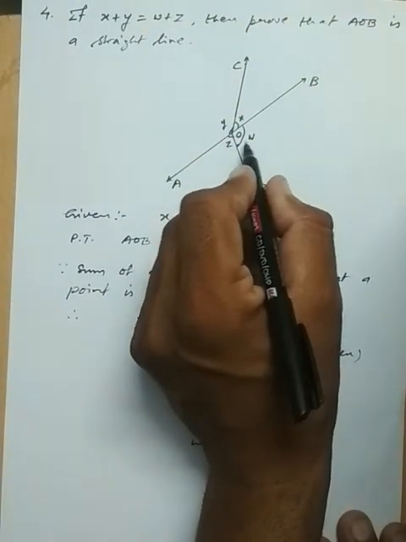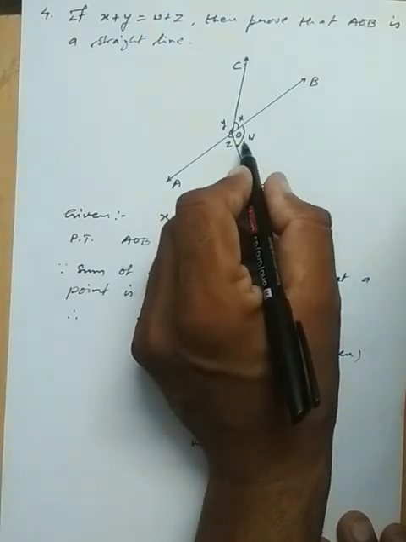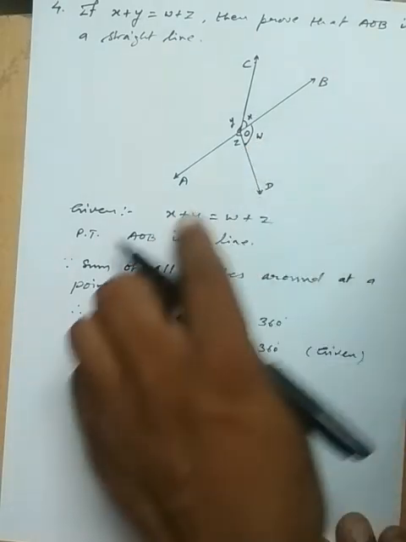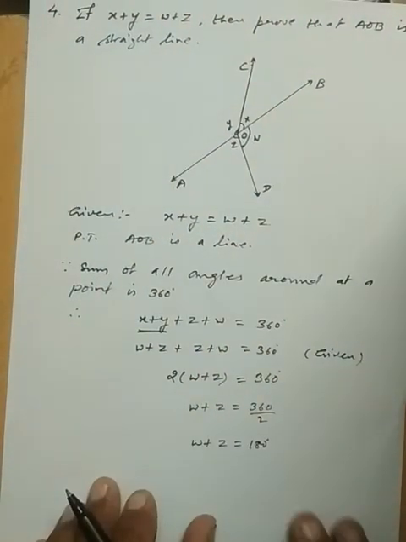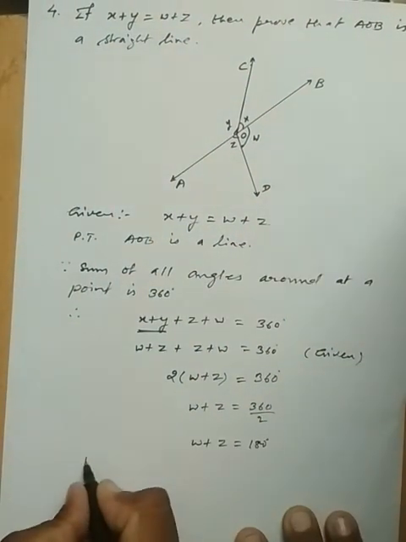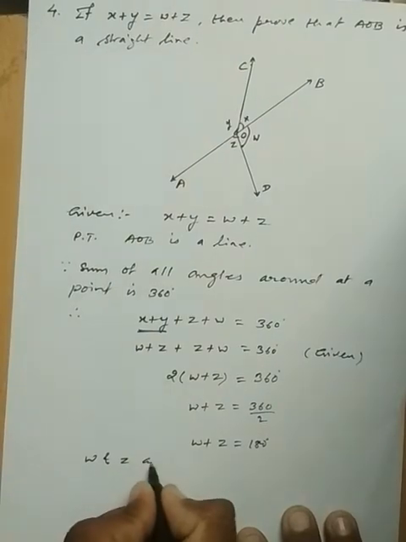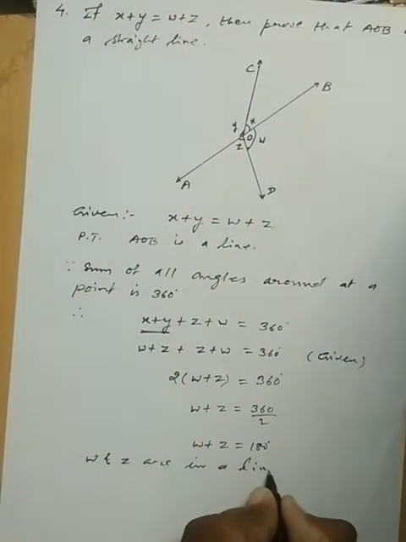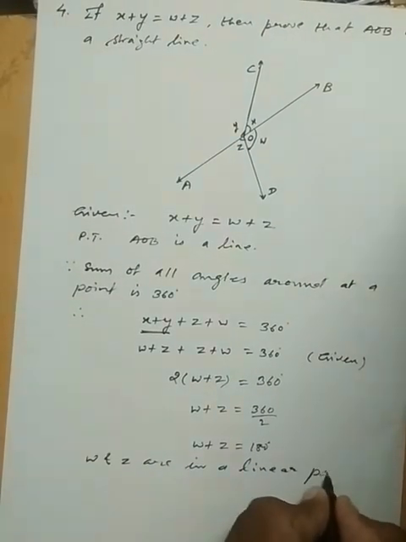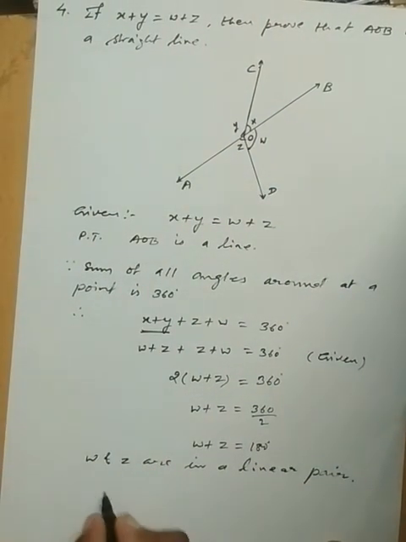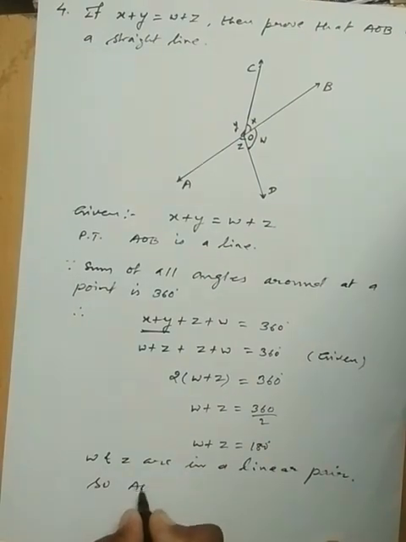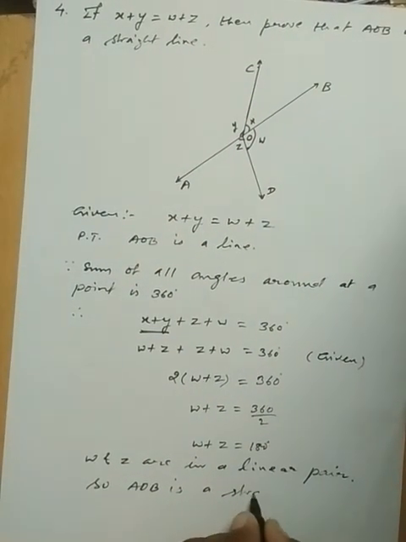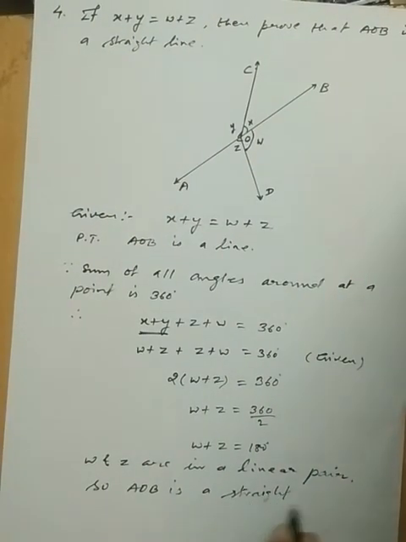And these two angles are adjacent angles, and the sum of two adjacent angles is 180 degrees, so the angles are in a linear pair. So w and z are in a linear pair. So AOB is a straight line.